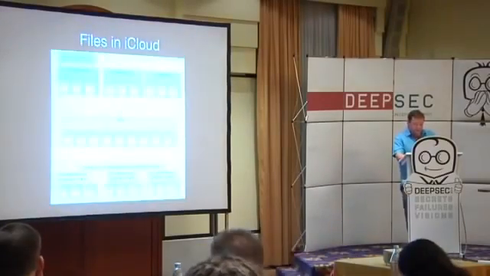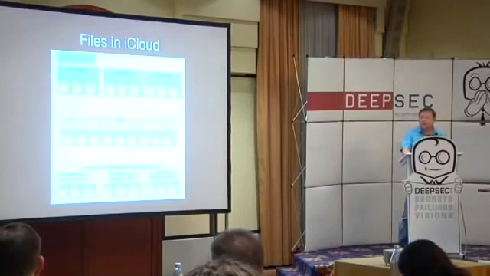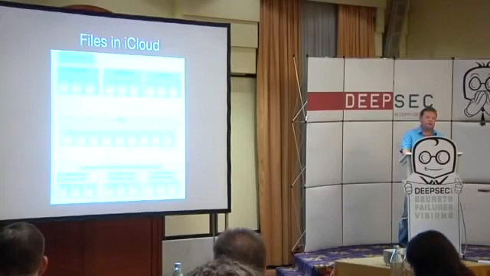Here is a map of how the files are actually stored in the iCloud. As I said, they are split into chunks. The reason for that is to avoid duplicates and to keep the data in the iCloud more compact, and also to make it easier to perform incremental backups.